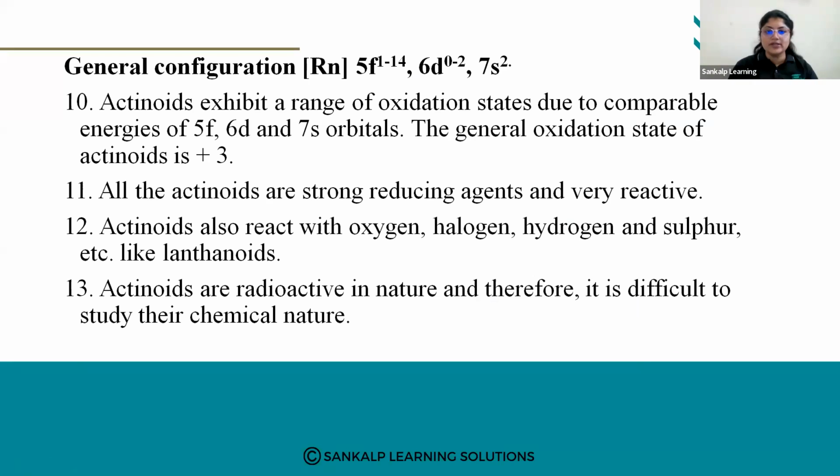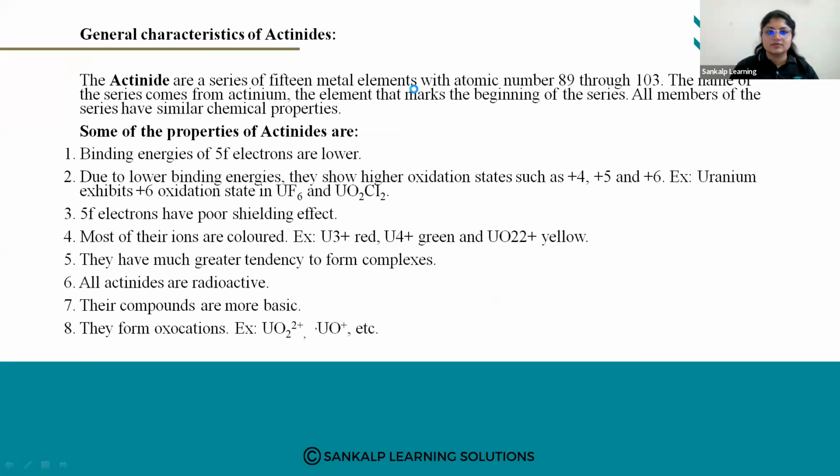So today we are going to study about actinoids. What are actinoids? Actinoids are the series of 15 metal elements with atomic number from 89 to 103.